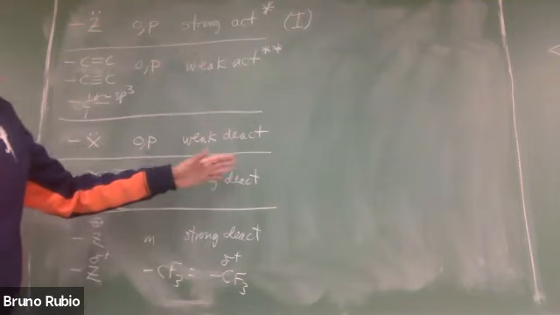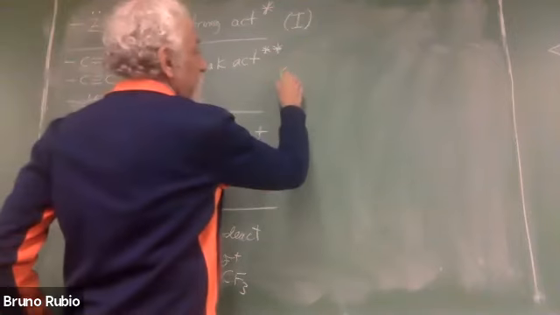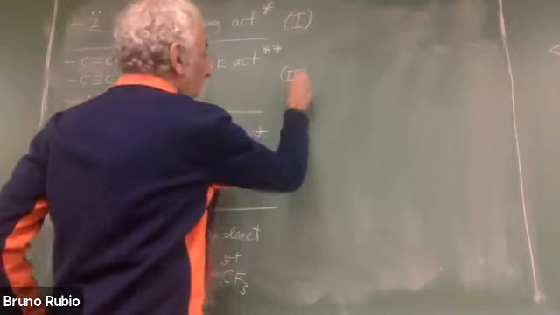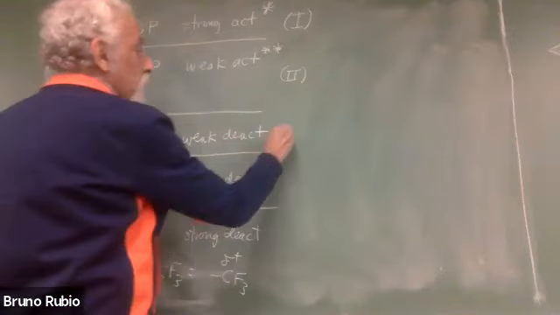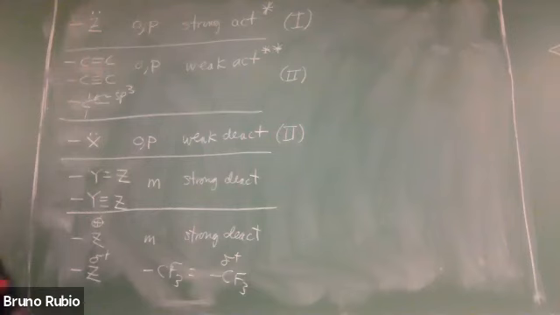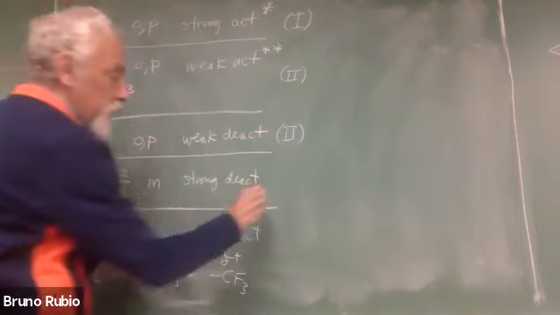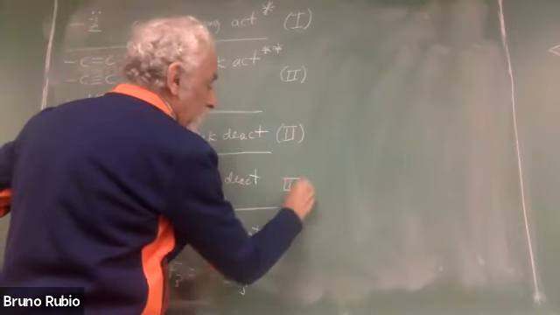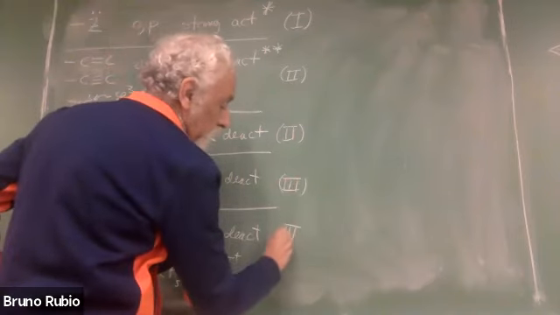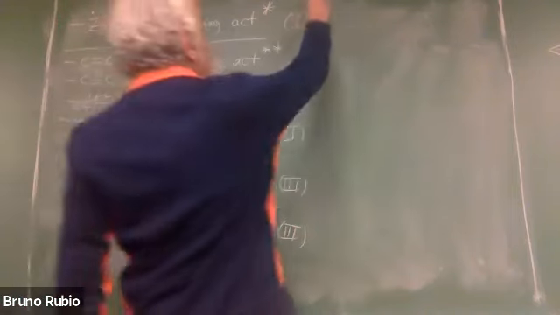I don't think I'll be able to get to it, but I just want to put on the record. Weak activators and weak deactivators are called class 2. And then the strong deactivators, this is class 3. All right, what these classes have to do with anything, we'll talk about that later.